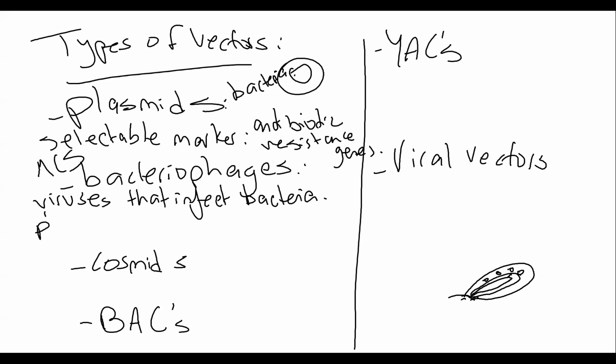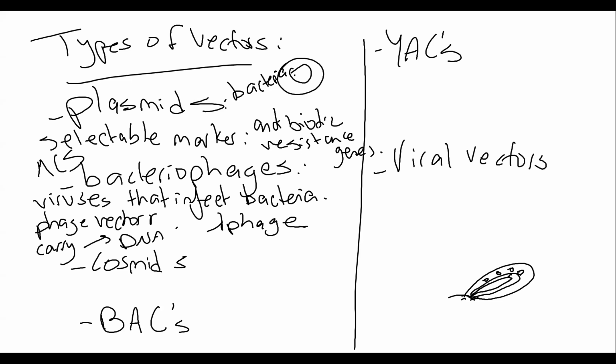What do these phage vectors do? They can carry larger DNA fragments than plasmids. So the only difference between bacteriophages and normal plasmids is that they can carry larger DNA fragments. As an example of the phage vectors, we have the lambda phage.